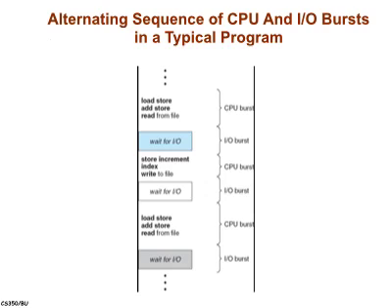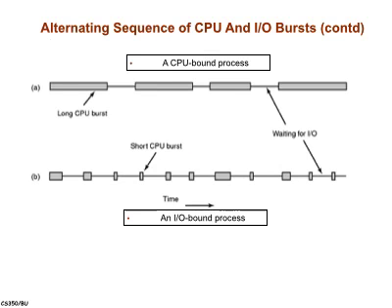So you have alternating blocks of CPU burst and IO burst, then CPU burst and IO burst, and so on. So different processes can be characterized by how long are their CPU and IO bursts. At one end of the spectrum, you may have processes that spend most of their time on the CPU.